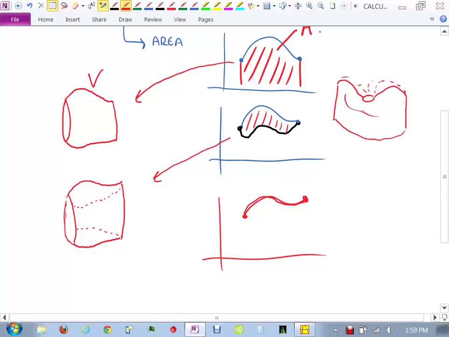Like if this were a rope, take it off the page, straighten it out, measure it. How long is it? That's called arc length. So you can do that in Cal 2. You can also revolve this around the x-axis and not only find the volume, you can find the surface area, which means if you were trying to paint the outside of it, you would know the area of that surface.